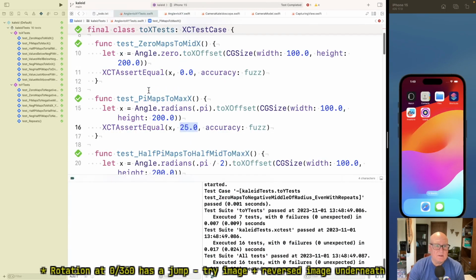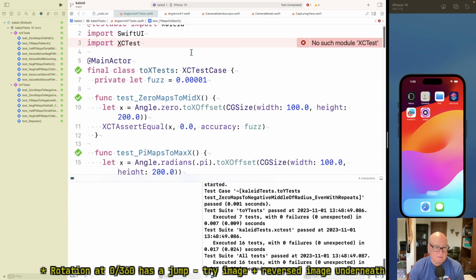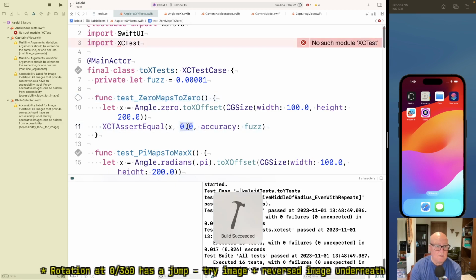If I look at my test results, 0 maps to mid-x. Oh, we did screw around with that. Oh, no wonder. Okay, I'm saying I want 0 to map to 0 now. Zero maps to 0. Okay, that should still pass. Angle to x offset for this should be 0.